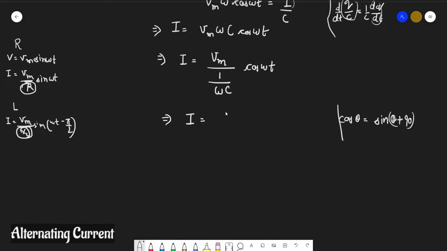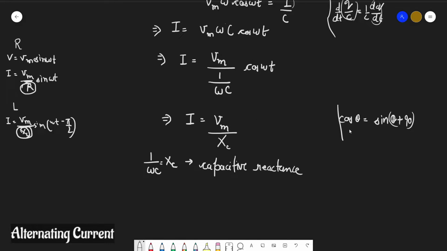So here you can write Vm over 1 upon omega C, which I can write as XC. Just like in the inductive circuit we called it inductive reactance, we are going to call it capacitive reactance in this circuit, and it is given by 1 upon omega C. So I can write in place of 1 upon omega C as XC.